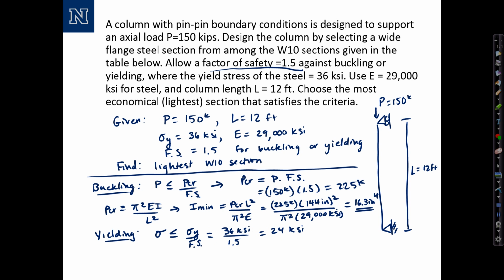I'm going to relate that to the actual load P in the column. P is equal to sigma times A. I'll rework this equation to solve for a minimum required cross-sectional area A, which is P divided by the sigma allowable in the column, which is 150 kips divided by 24 ksi, and that equals 6.25 inches squared. So that's my minimum required cross-sectional area.